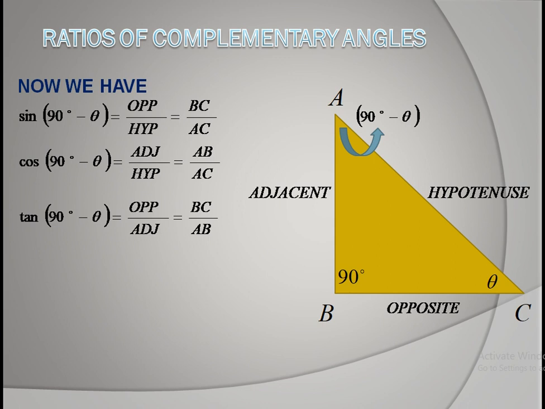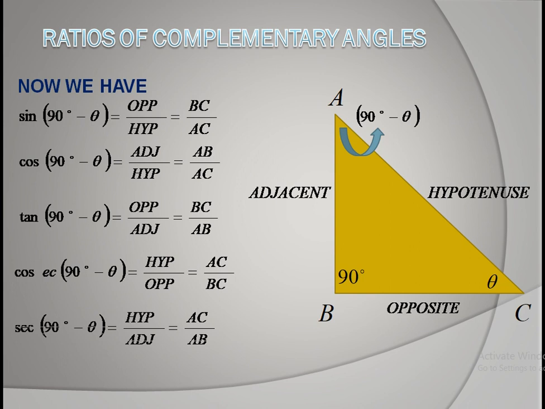Next, tan of 90 degrees minus theta is equal to opposite by adjacent. Here the opposite side is BC and the adjacent side is AB. So tan of 90 degrees minus theta is equal to BC by AB. Next, cosec of 90 degrees minus theta is equal to hypotenuse by opposite, which is AC by BC.